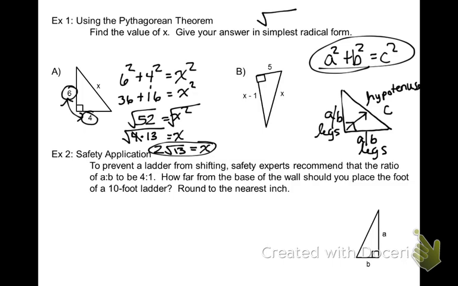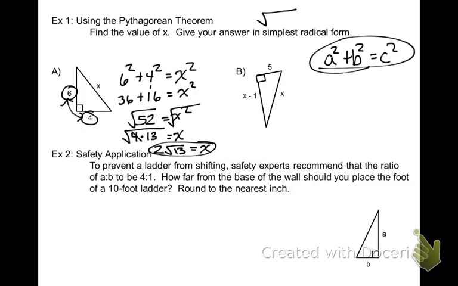Let's try B. I'm going to erase this so I can have some space. So I have a and b are these two, and this is c. So you have 5 squared plus x minus 1 squared equals x squared.